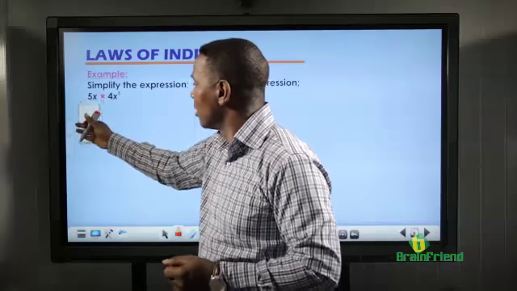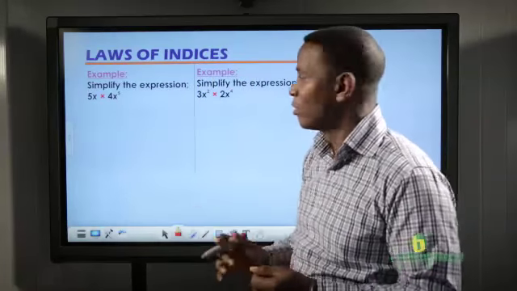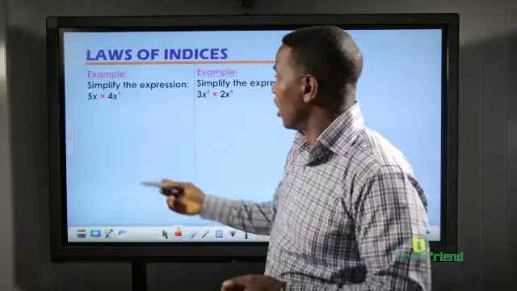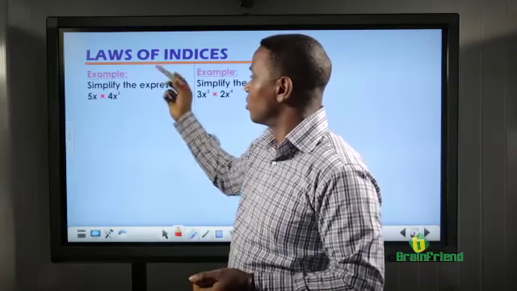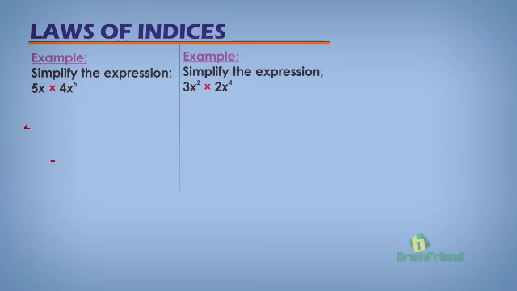Like terms simply are terms within our expression that are similar in nature. 5 and 4 are similar in nature because they are both numbers. And of course, x and our x raised to power 5 are also similar in nature. So basically, we'll say this as 5 times 4 times x raised to power 5. 5 times 4, of course, gives us 20 times x.